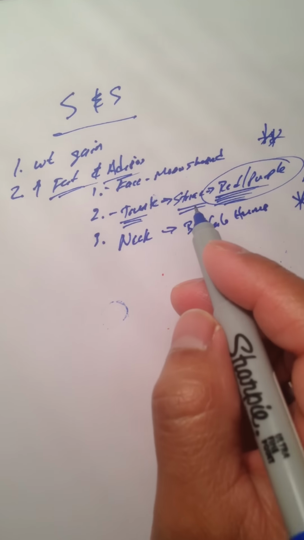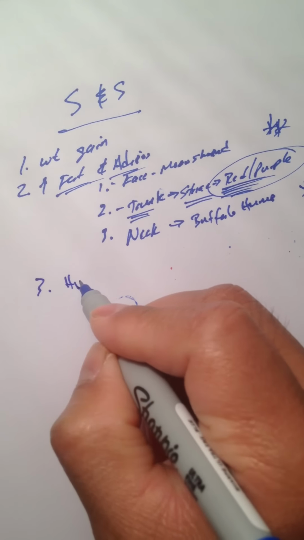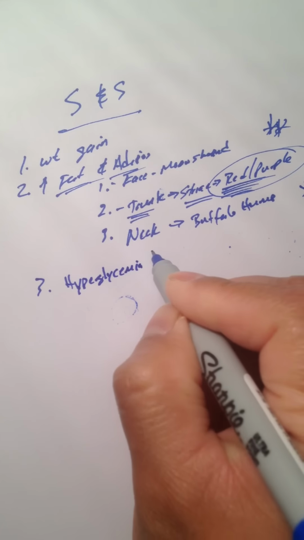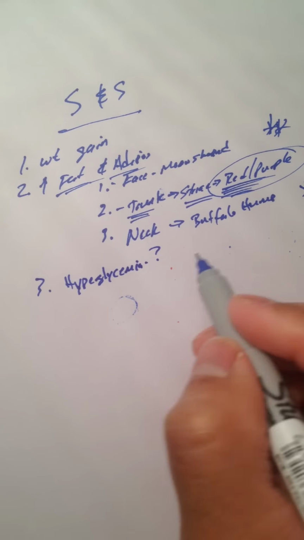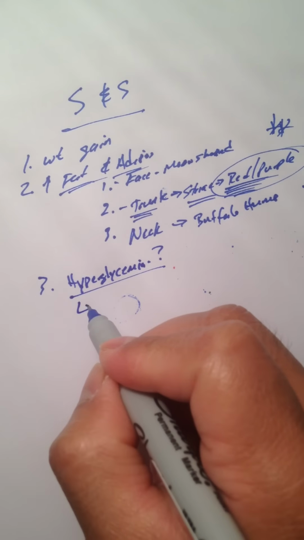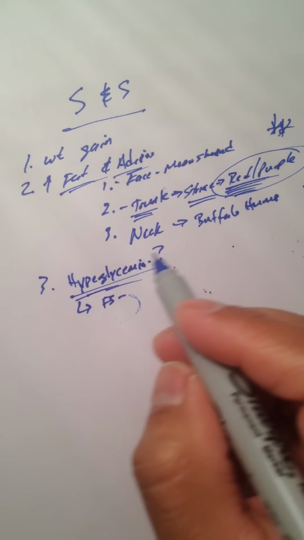Now, we talked about this briefly a little bit ago. You're going to have hyperglycemia. Do you remember why? If not, rewind and replay. So with these patients, later on, you're going to have to do finger sticks. You have to monitor those glucose levels.